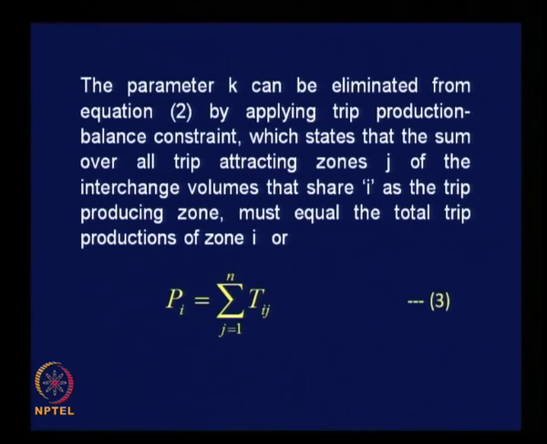When we say that the sum of all the cell values along a row is this much, it is nothing but Pi equal to sigma j equal to 1 to n Tij. Tij is nothing but a cell value. When you add cell values from 1 to n, you get the Pi value, the total trip production.